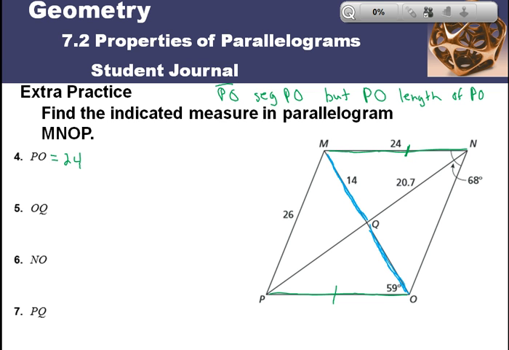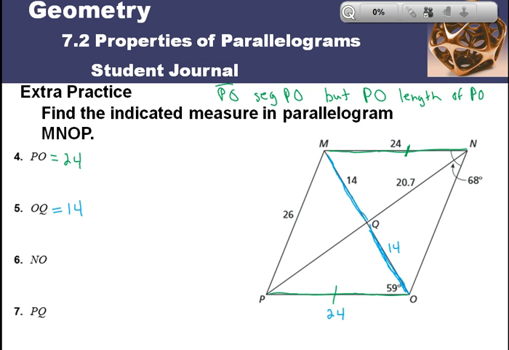So that means OQ is going to equal MQ, and MQ is 14, so that means that OQ is 14.